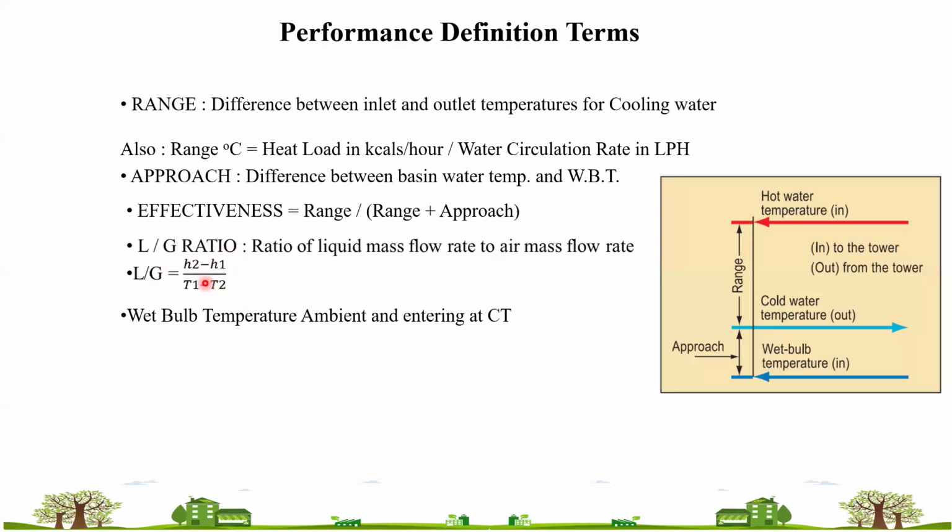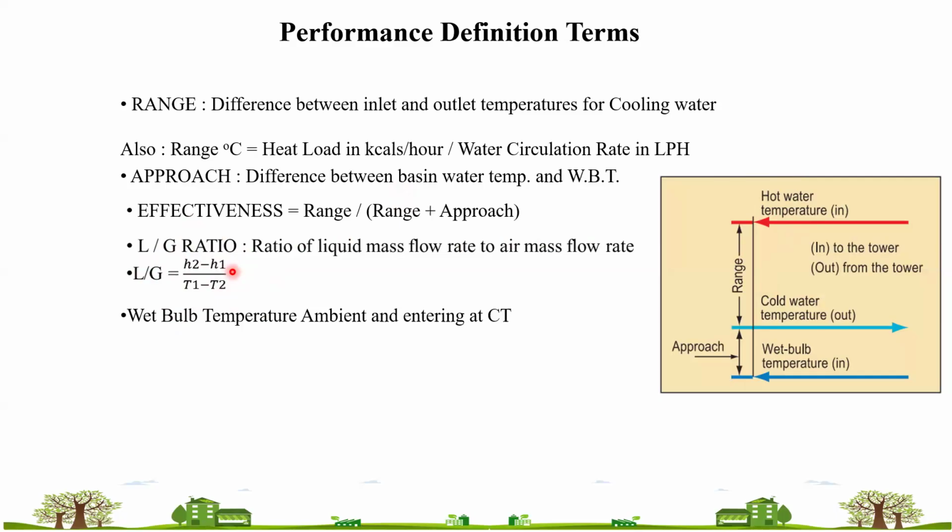If you don't have access to the air flow, you can calculate it from the enthalpies and temperatures. You can get the temperature in a cooling tower easily, but if you are not equipped with an air flow meter and don't have any rated data available, you can calculate it by the thermodynamic method also.